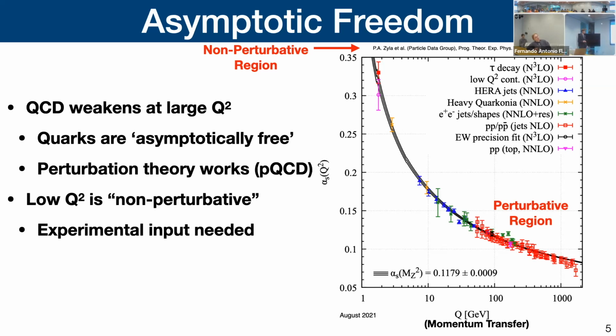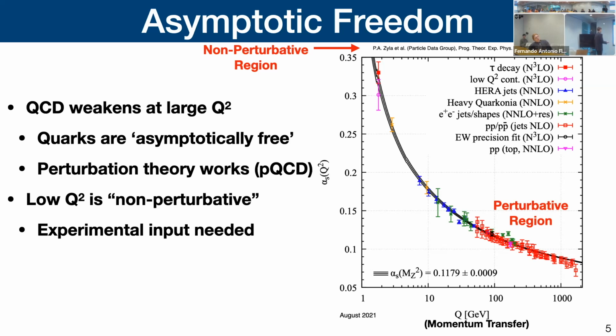Because of this, quarks in this large momentum region don't interact very strongly, and they're relatively free. This is known as asymptotic freedom. And because this interaction strength is fairly low, we can use perturbation theory to do calculations. This is known as PQCD, or perturbative QCD.